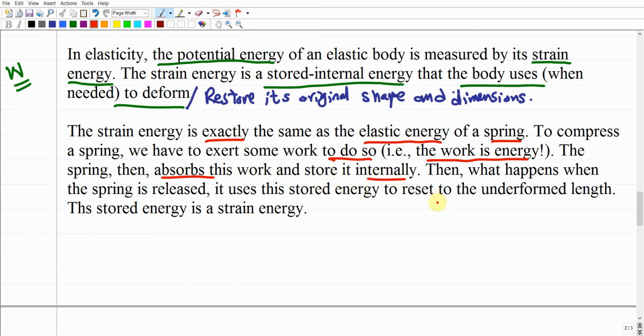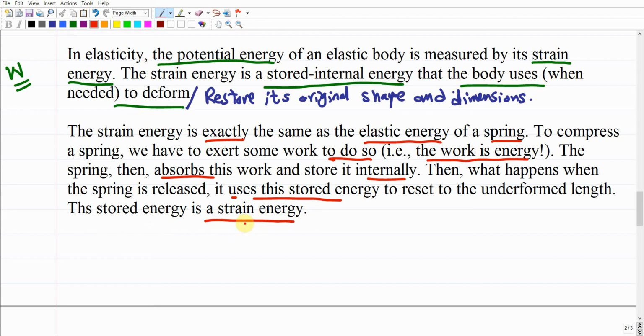internally. So this work, this energy, is going to become like internal stored energy inside the spring or the elastic body. Then what happens when the spring is released? It uses this stored energy to reset to the undeformed length or shape of the continuum. The stored energy is the strain energy.